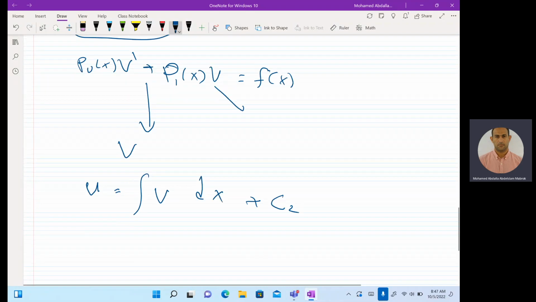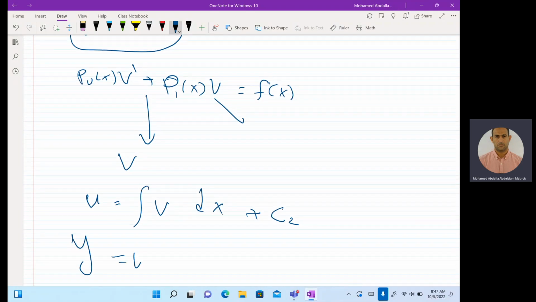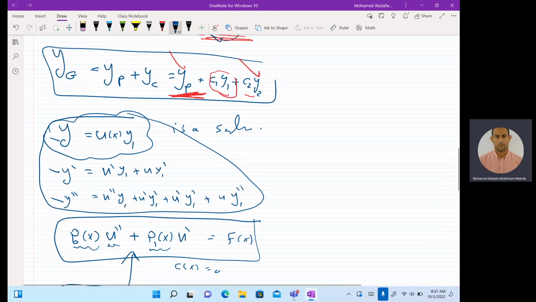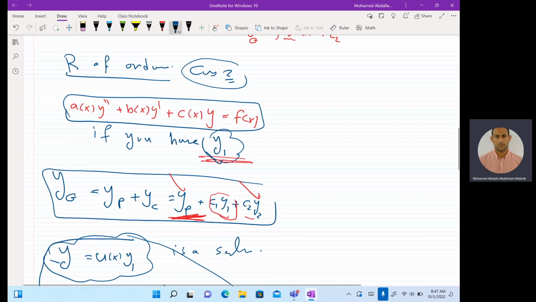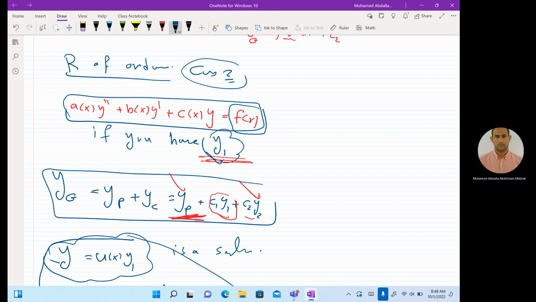Once you get the u, what was the u? It was part of the y, because y equals u times y1. And the good thing here is that, similar to case 1, we got yb for free. Here as well, we're getting yb for free. You didn't need to go back and do variation of parameter, unless at any point you decided to ignore the forcing function for the moment, solve for the homogeneous case, and then go back and find yb.